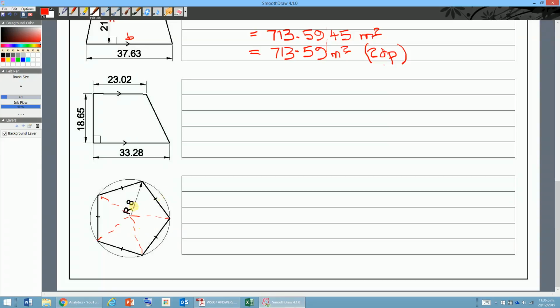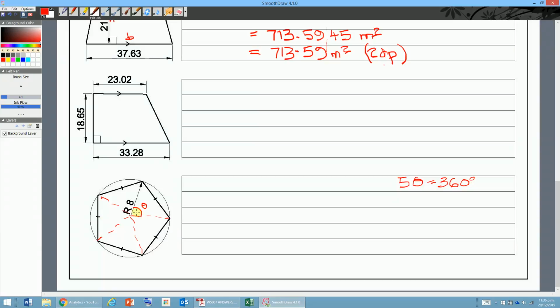So we also know that this angle in here, I'll call it theta, perhaps, for want of a better name, that angle there will be the same at each one of these. And we also know that 5 times theta, because there'll be 5 angles, the angle at the center, will equal 360 degrees, because obviously angles at a point at the center.